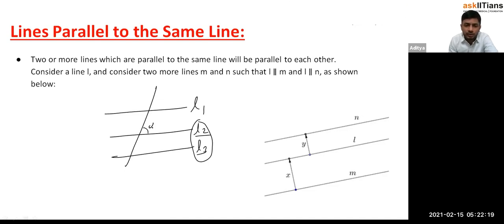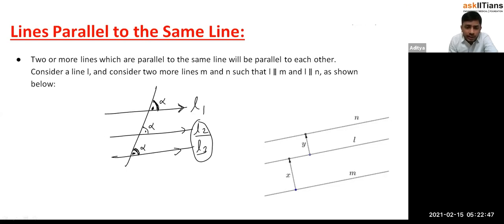If this angle is alpha, this angle will also be alpha because L1 and L2 are parallel, so corresponding angles will be equal. Now this alpha will also be equal to this alpha because L3 and L1 are also parallel, and therefore this pair of corresponding angles will also be equal. So if this is alpha, this will also be alpha, correct?